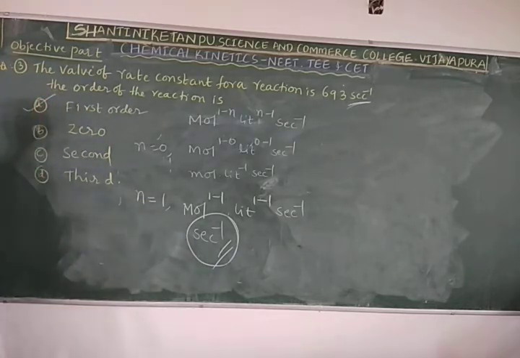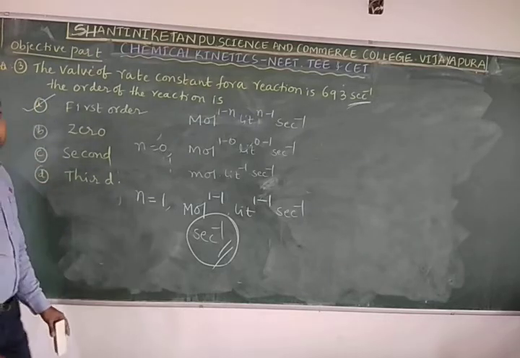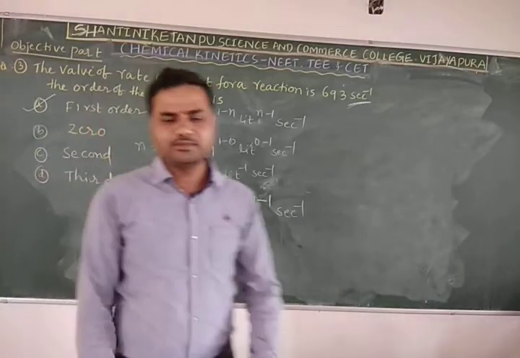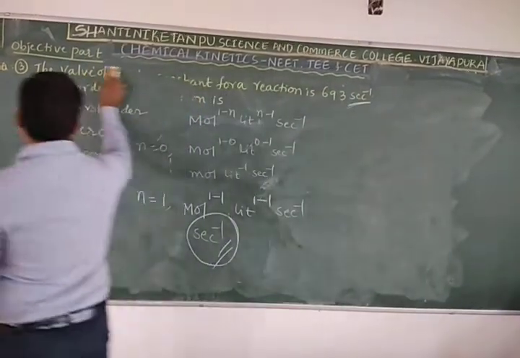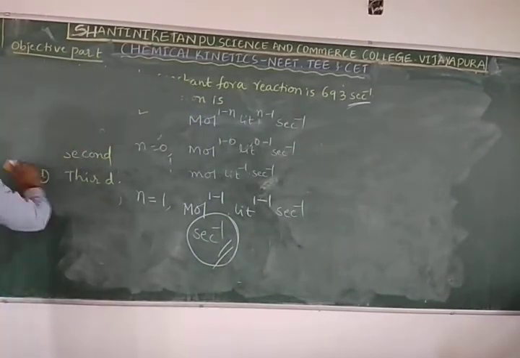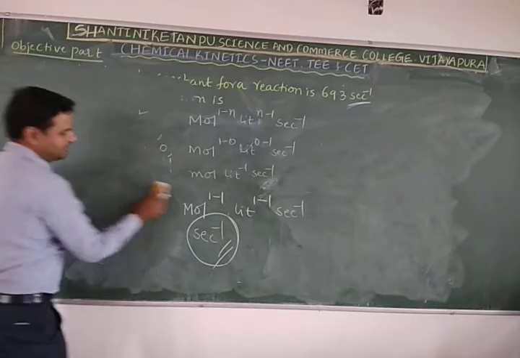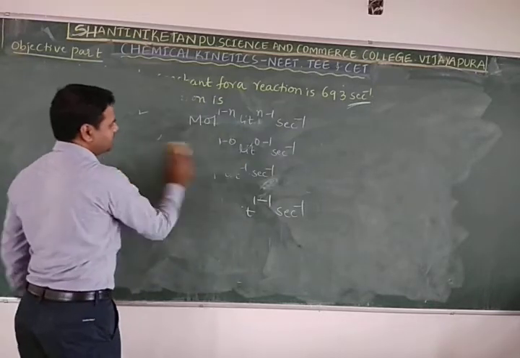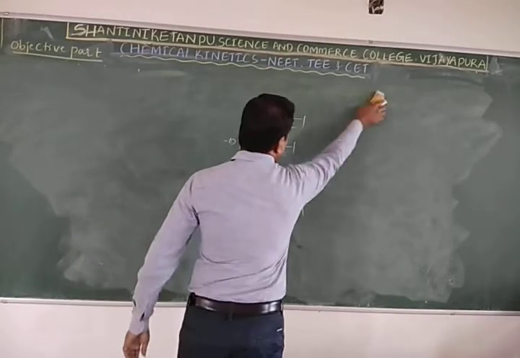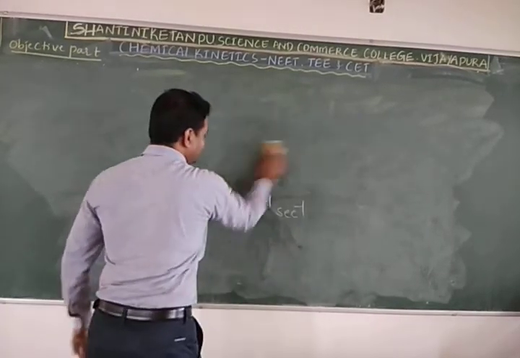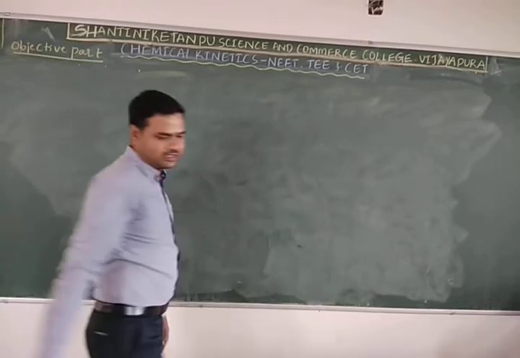First order reaction. Therefore, what is the right answer? It is a first order reaction. Like this, some objective questions they may ask based on this very simple formula, that is mole per liter to the power 1 minus n, liter to the power n minus 1, per second. And here, you can calculate any order by using that formula.